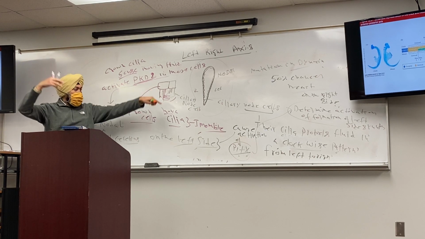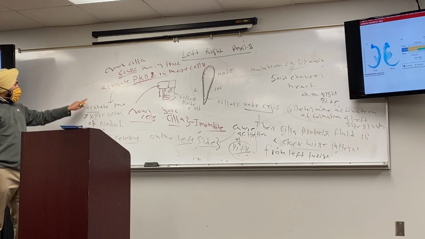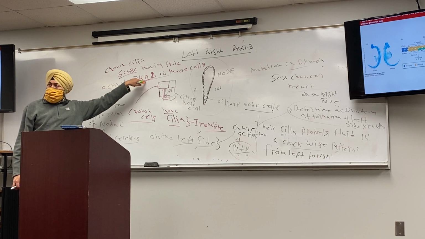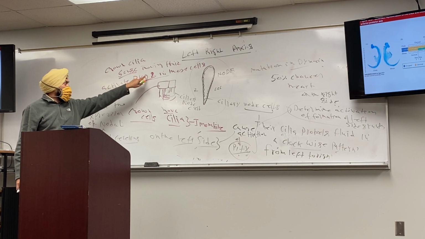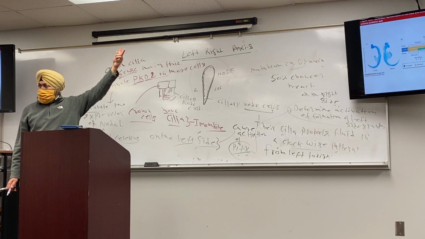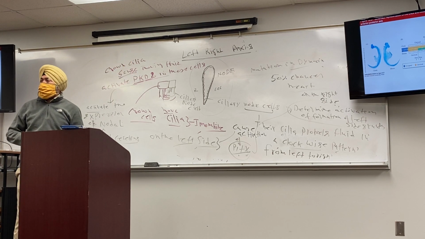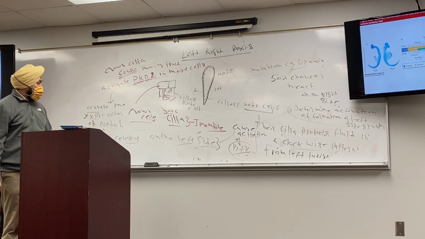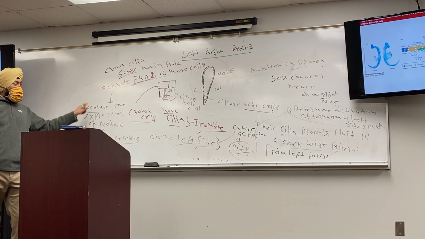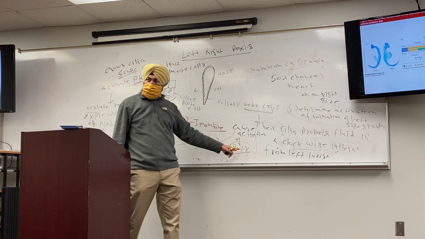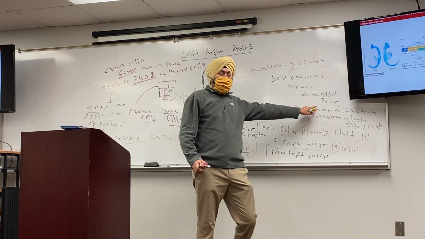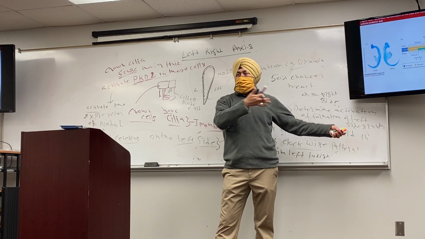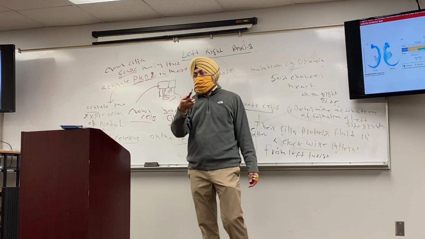When they sense the flow, they activate the expression of PKD2. When PKD2 is activated in these cells, that causes the expression of nodal signaling on the left side and the repression of the cerebrus signaling on the left side. When that happens, it causes activation of PITX, and PITX activation determines the formation of the left side structures. Making sense? So when you don't have that fluid movement, what is going to happen?